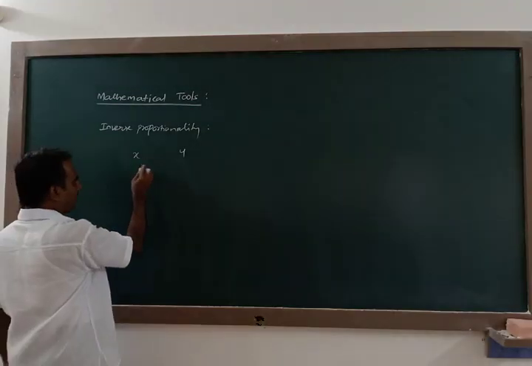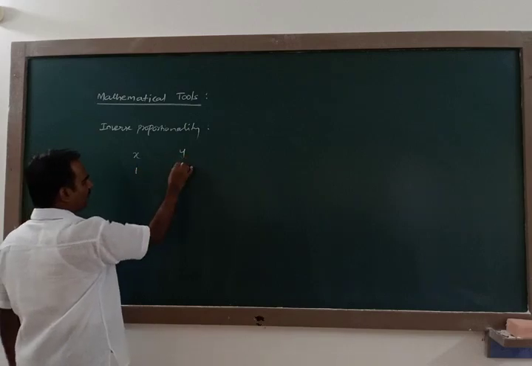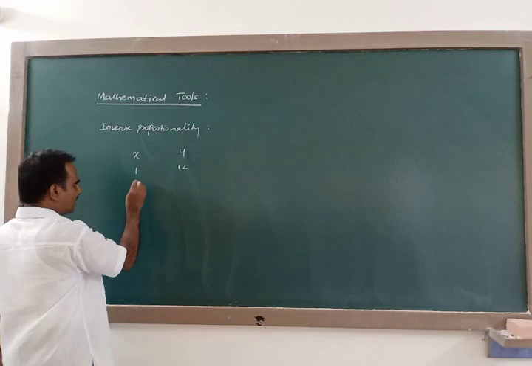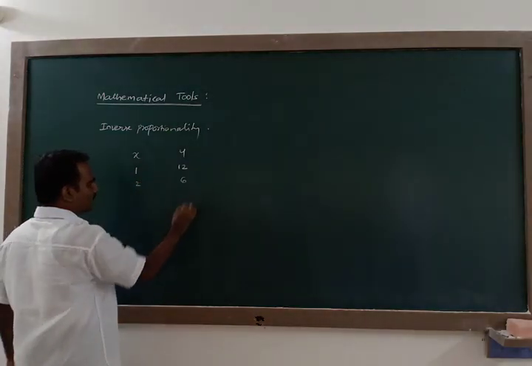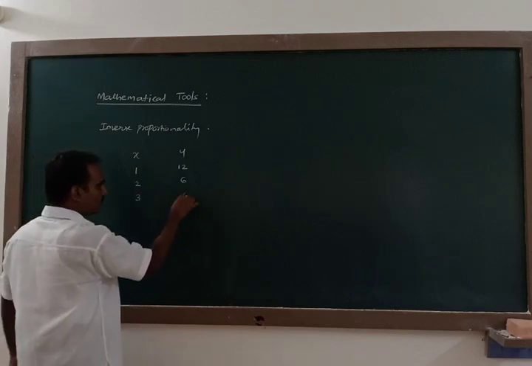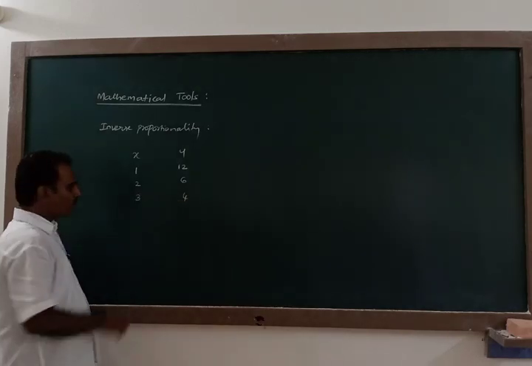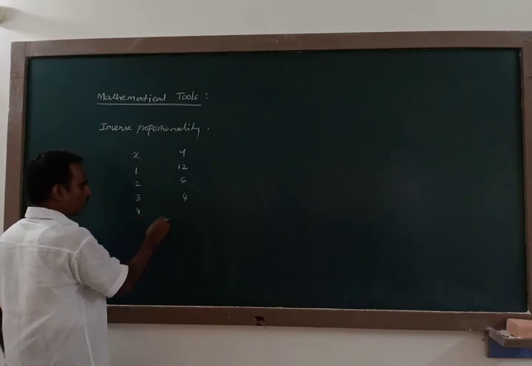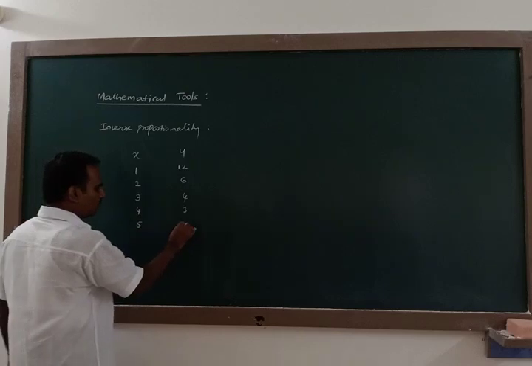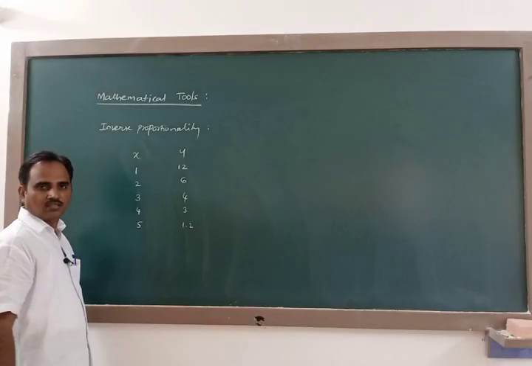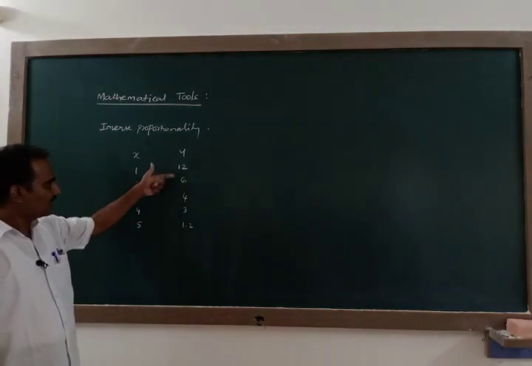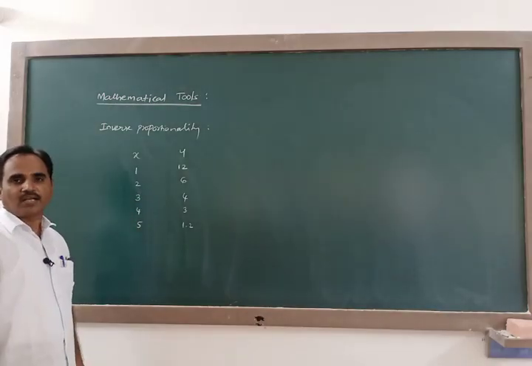When this physical quantity x takes the value 1, say let the y be 12. When x increases to 2, y decreases to 6. When it increases to 3, this decreases to 4. When it increases to 4, this becomes 3. When it becomes 5, this decreases to 1.2, like that. So when one quantity increases, the other quantity decreases by a constant factor.